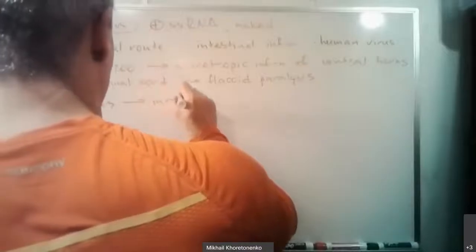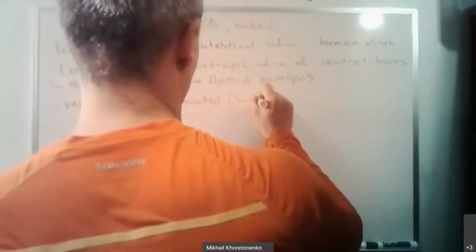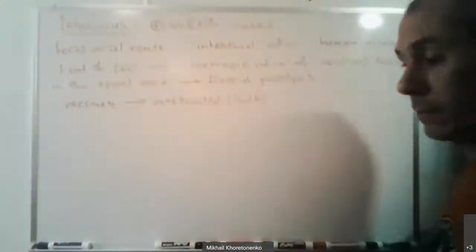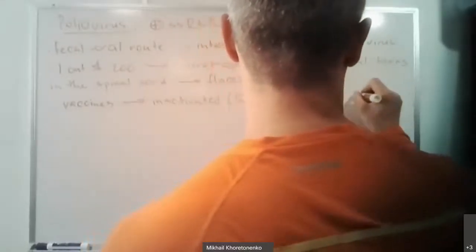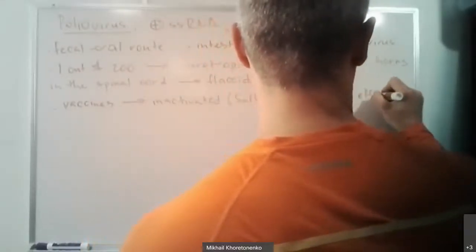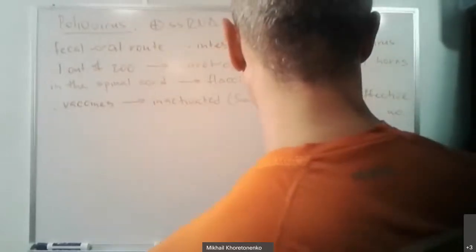One is inactivated polio vaccine, developed by Jonas Salk, okay? And it has some advantages and disadvantages. Advantages, it's very safe and effective. Disadvantage, it is injectable and does not provide mucosal immunity.